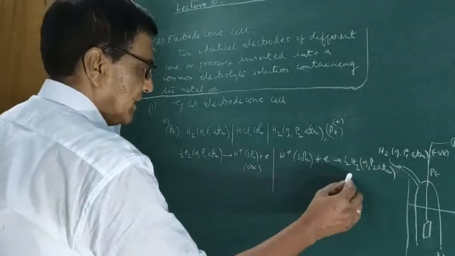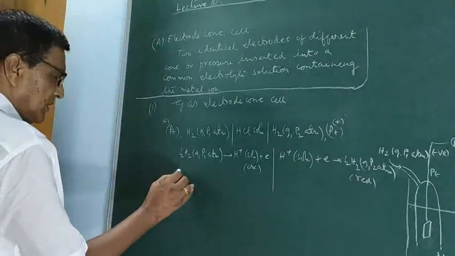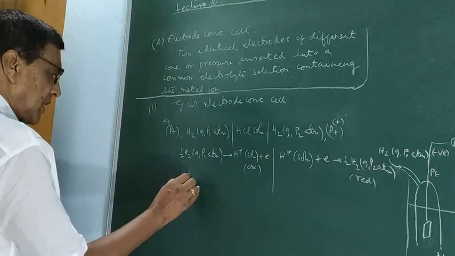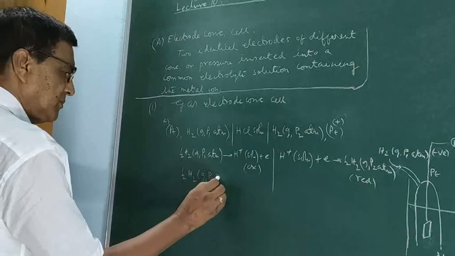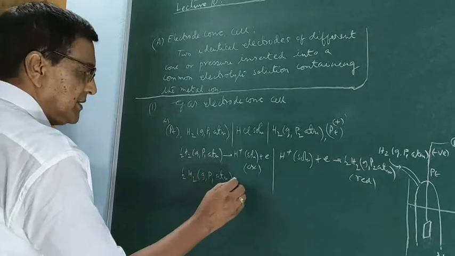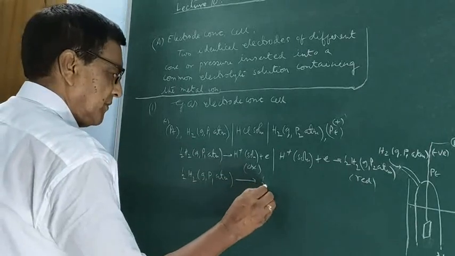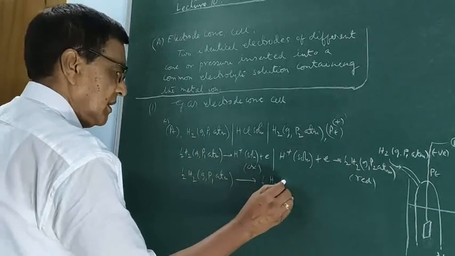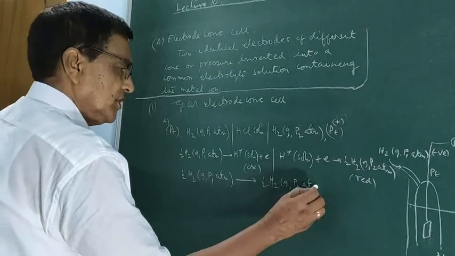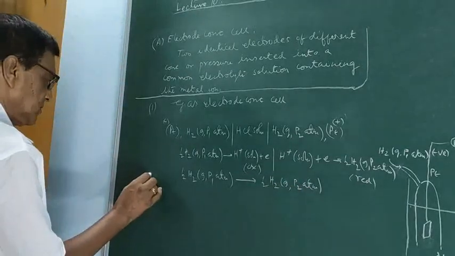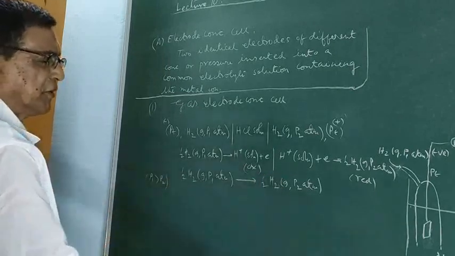Here it is a reduction, and if we combine these two, then half hydrogen gas at pressure P1 atmosphere is moving to half hydrogen gas at P2 atmosphere. So naturally P1 must be greater than P2 to make this process spontaneous.